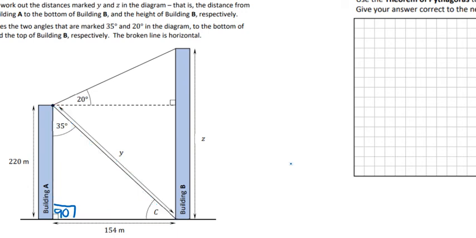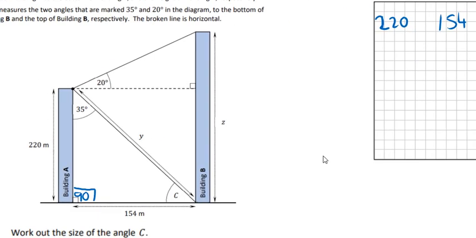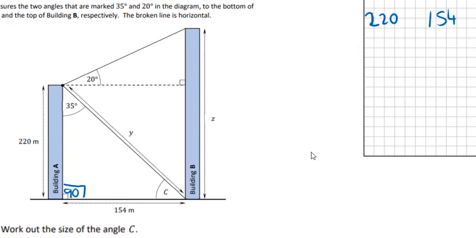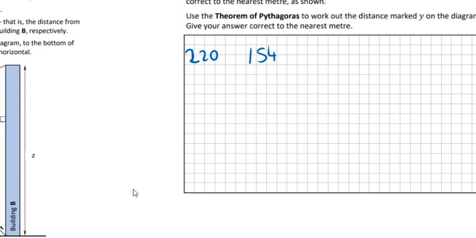The two small sides of that right angle triangle are the 220 and the 154. We're asked to find the long side of it, so the long side is the y there. It's the diagonal going across.